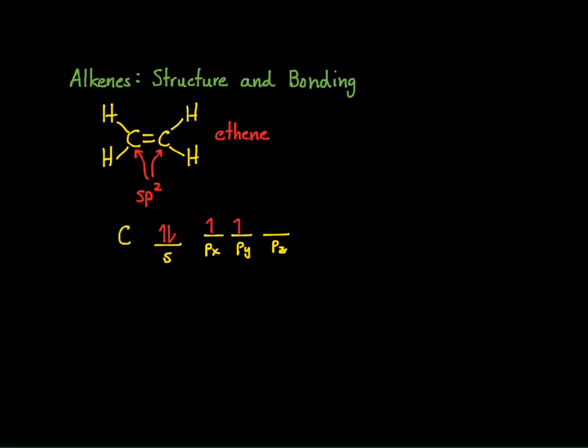So let's take a look at what we get from that hybridization. Recall, carbon in its atomic form has two electrons in an s orbital, and then two electrons that are unpaired in two separate p orbitals.